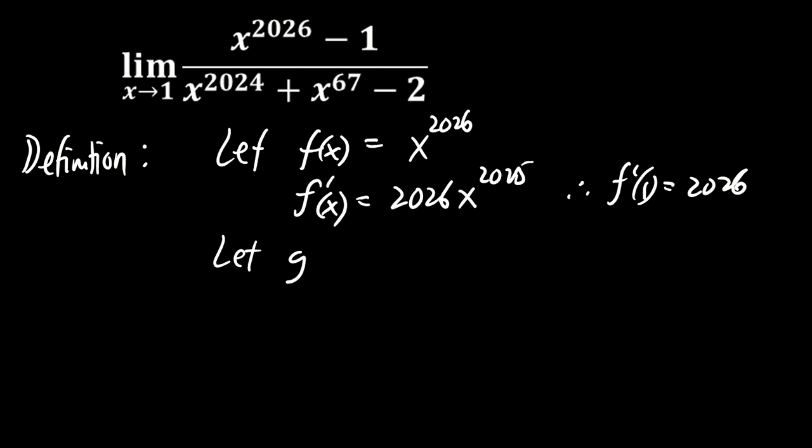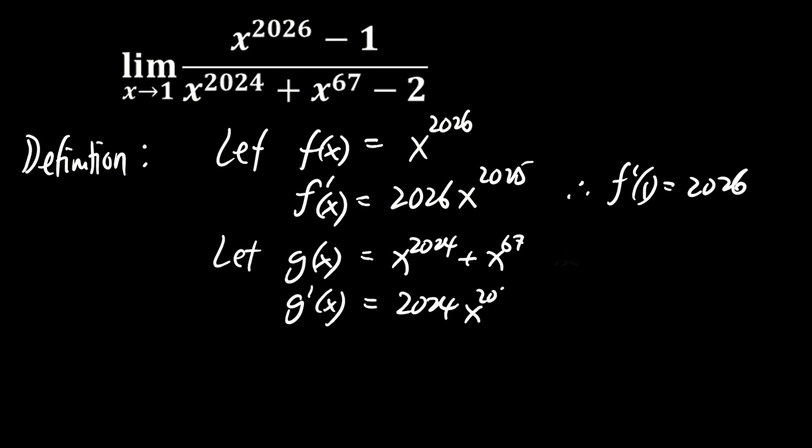And we also let g(x) be x to the power 2024 plus x to the power 67. g prime x therefore equals 2024 x to the power 2023 plus 67 x to the power 66. And therefore g prime 1 equals 2091.